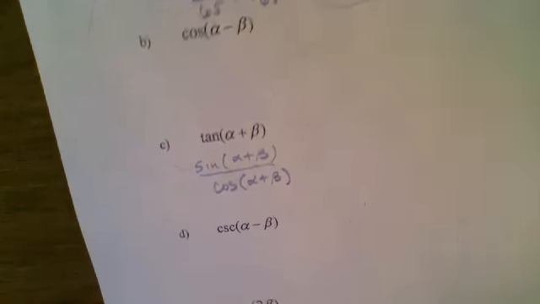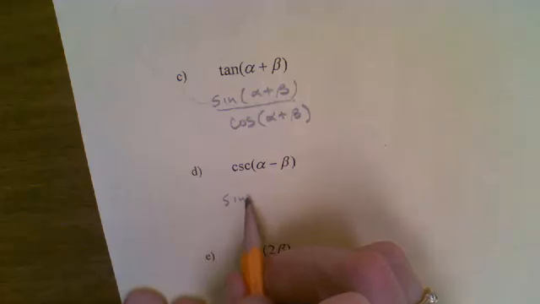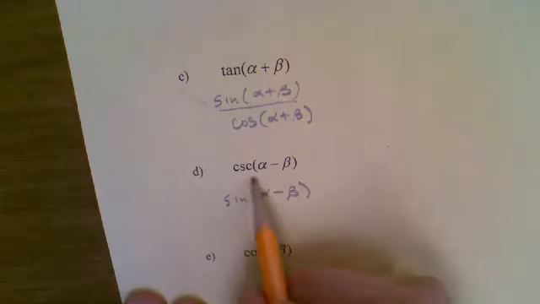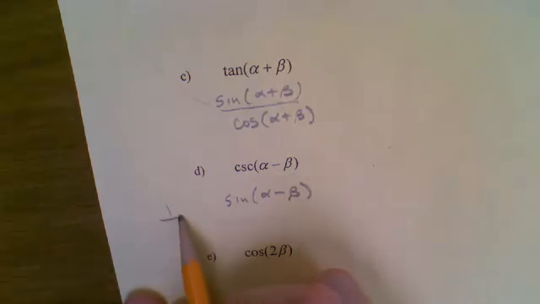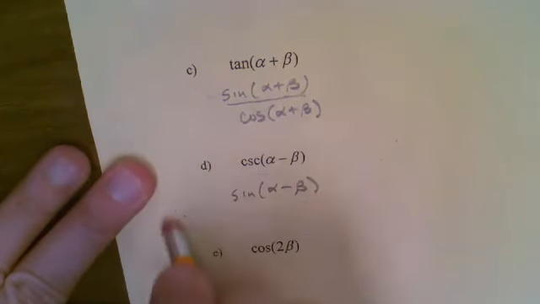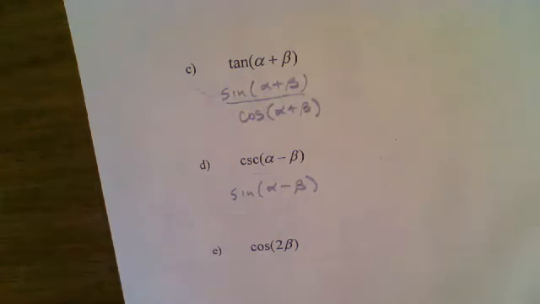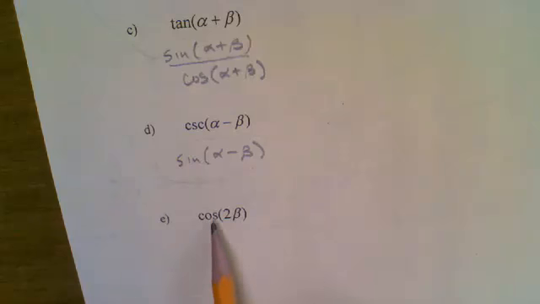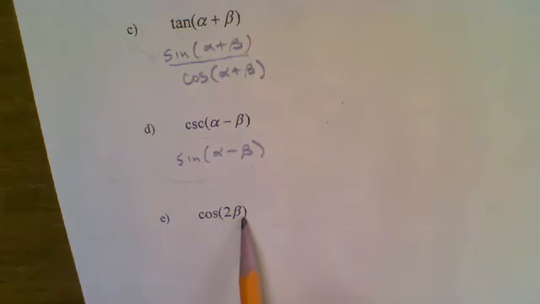For the cosecant of alpha minus beta, find the sine of alpha minus beta, which you haven't done, and once you get your answer, you just flip it. Take its reciprocal.